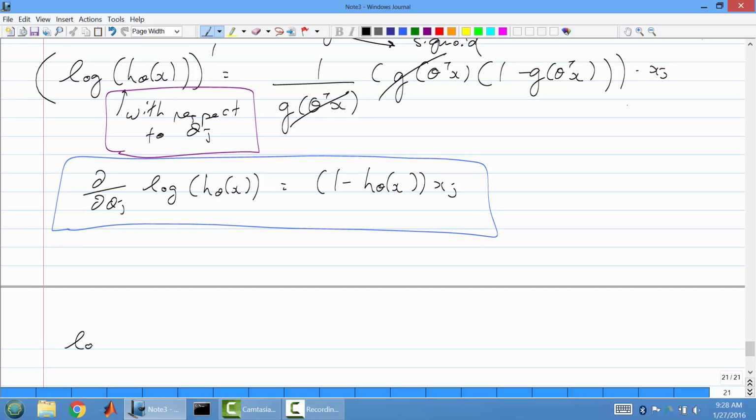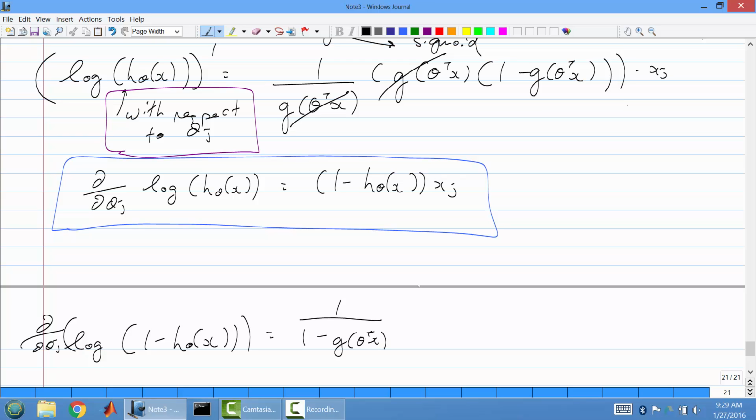Let me do d by d theta j here just to be unambiguous. Same thing as before, so 1 over 1 minus h. Then we multiply by the derivative of the inside.